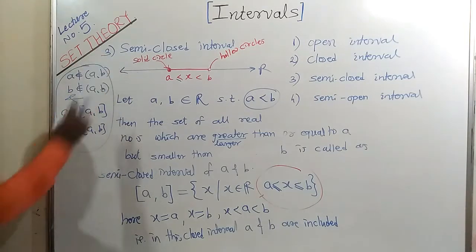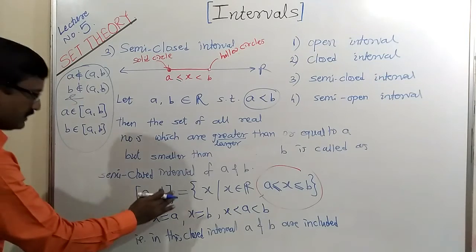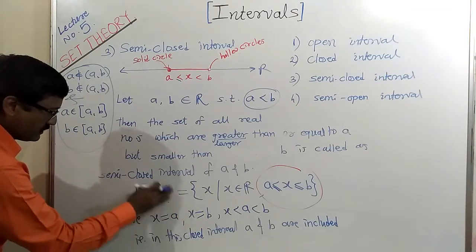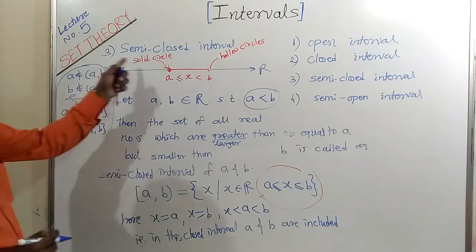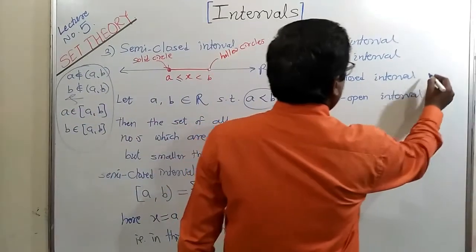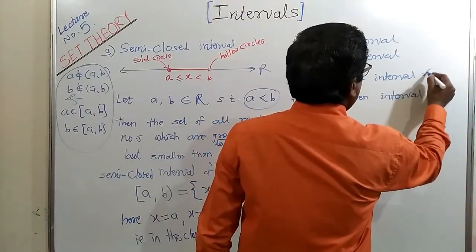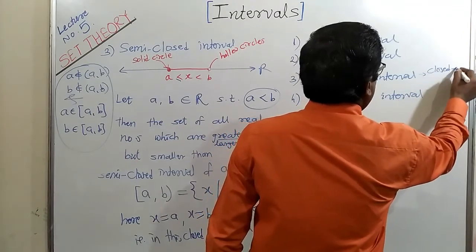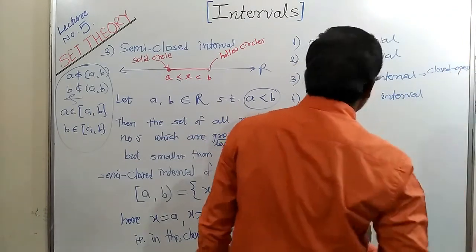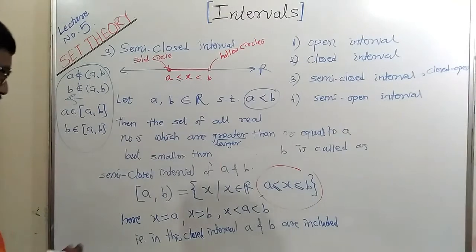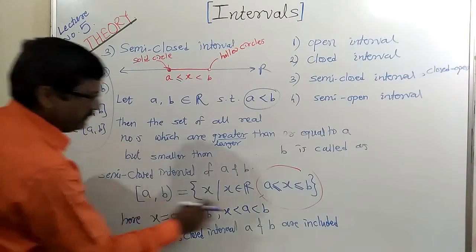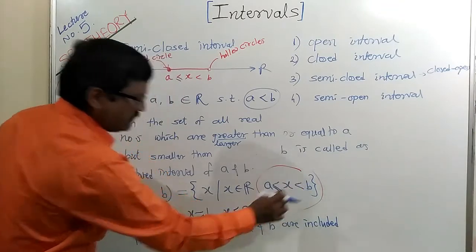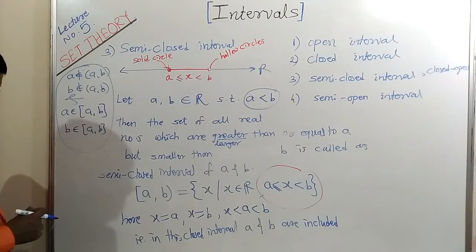Semi-closed means closed open. This third type is also called the closed open interval. So here the value of x is equal to A but not B.